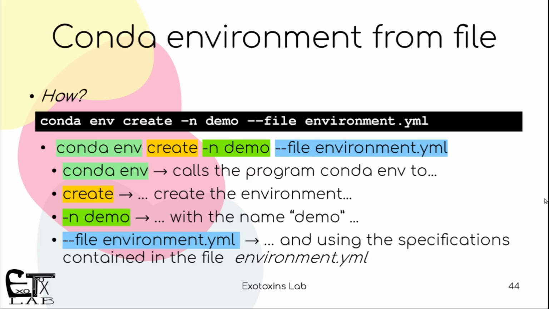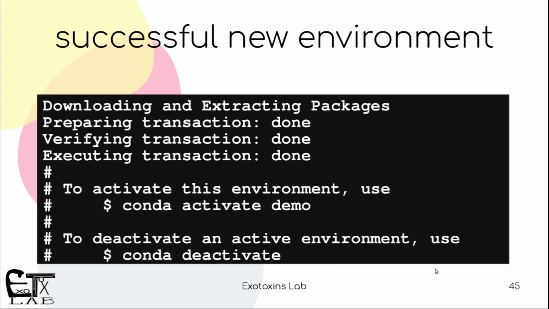So how do we do it? We call conda env, which is a subprogram in conda, and we tell it to create the environment with the name demo. Remember our little flag for the name. And we tell it to use the file environment.yml to see what exactly I want to have in my environment. Easy peasy.